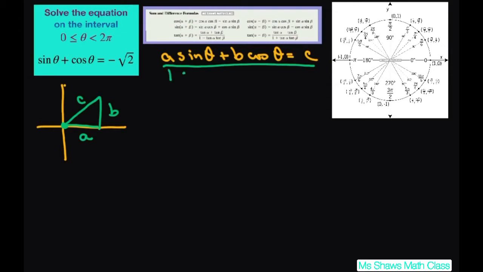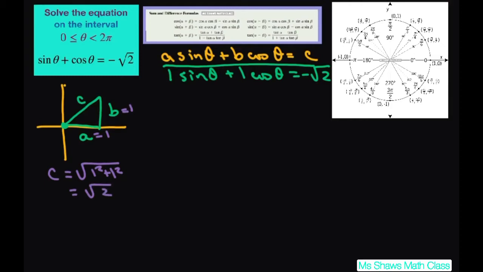So we have 1 sine of theta plus 1 cosine of theta equals negative square root of 2. If these both equal 1, then C equals the square root of 1 squared plus 1 squared, so C equals the square root of 2.